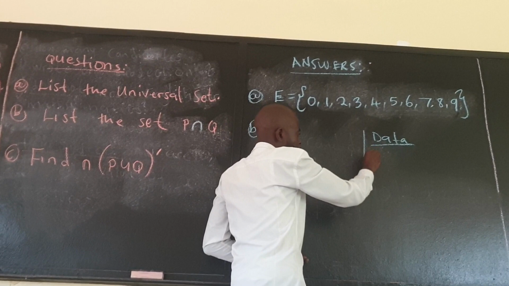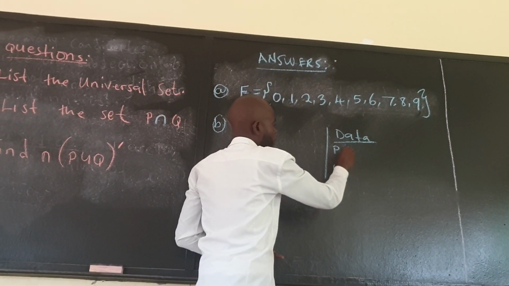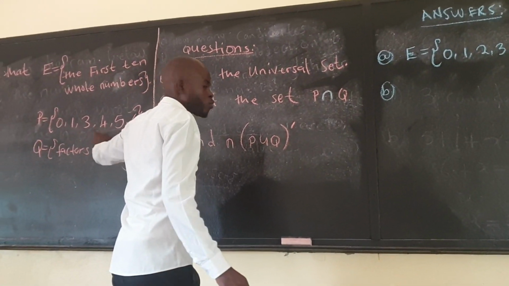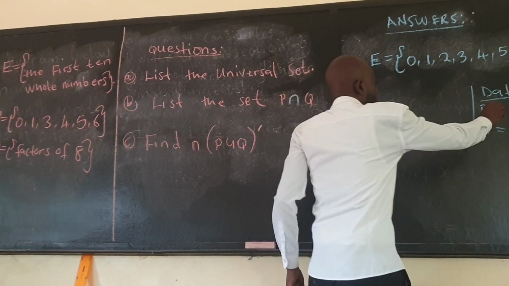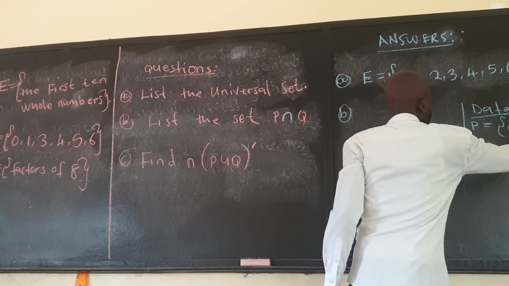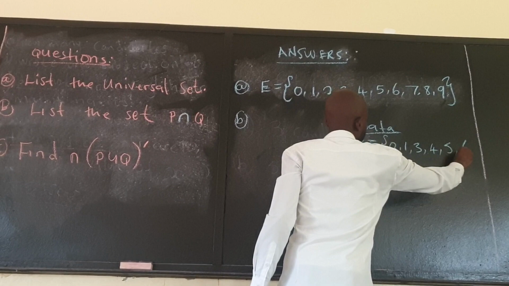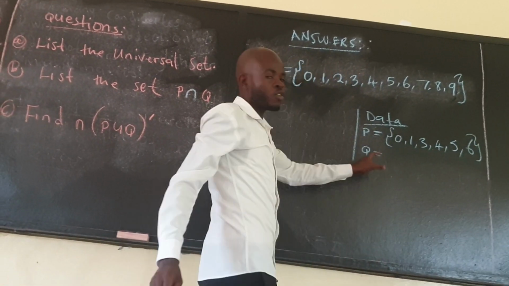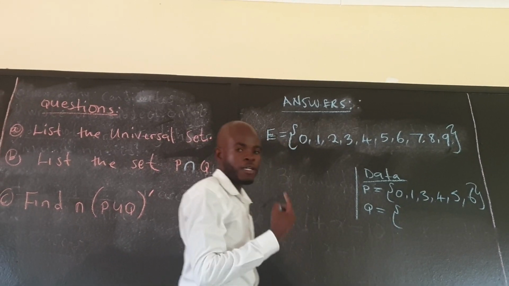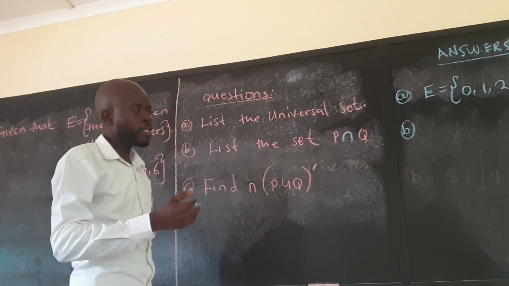You say what is my P and what is my Q. Your P has already been given: 0, 1, 3, 4, 5, and 6. But what is your Q? This is the most important part, because if you write wrong numbers there, then your intersection will not be the answer expected.